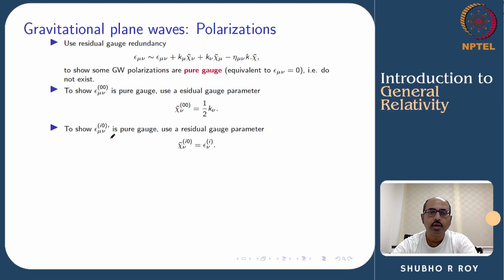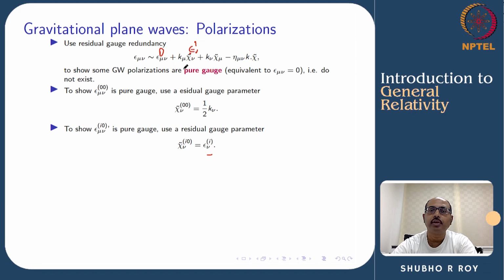Similarly, you can show that the second one is also pure gauge. By starting with the zero polarization, we add to it a gauge transformation with the gauge parameter being epsilon mu I. So these two terms will be there. The third term will vanish because k is proportional to, if I put chi tilde to be epsilon mu, that will vanish.